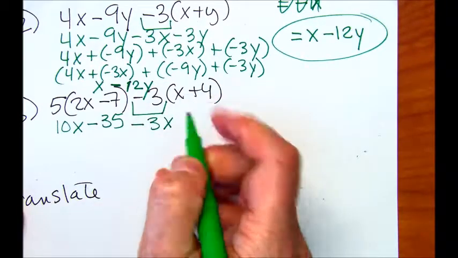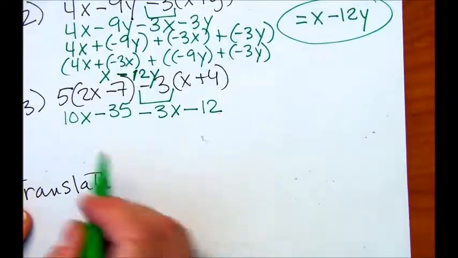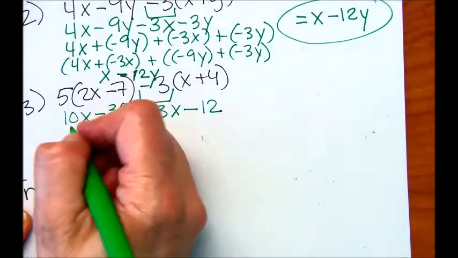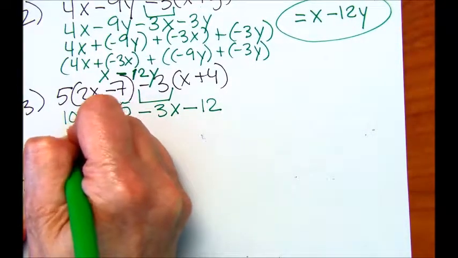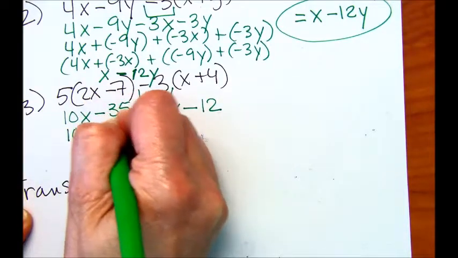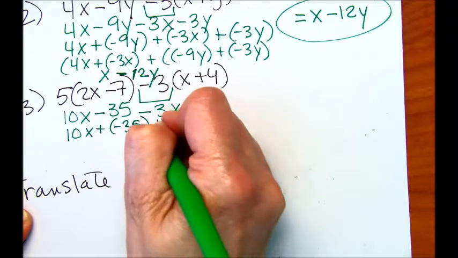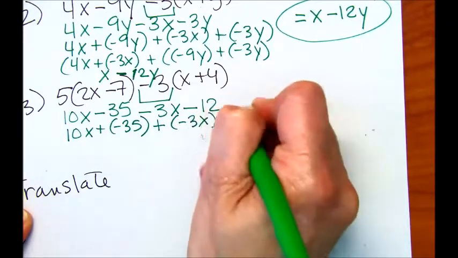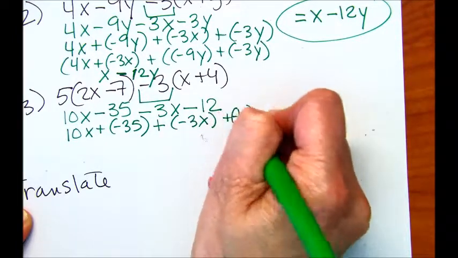Negative 3 times 4 is negative 12. Notice I've got some x's and just plain old numbers. I'm going to first change it to addition. 10x plus negative 35 plus negative 3x plus negative 12.